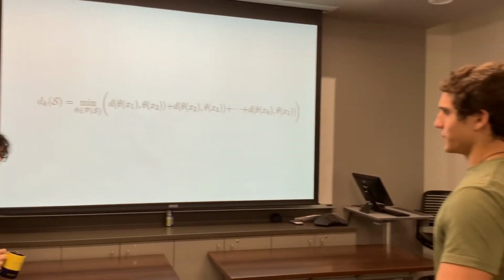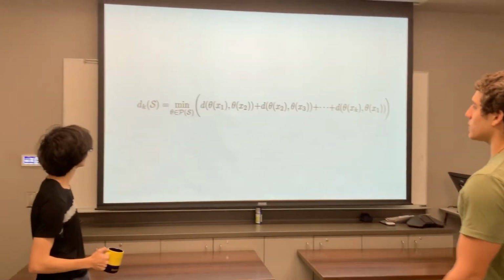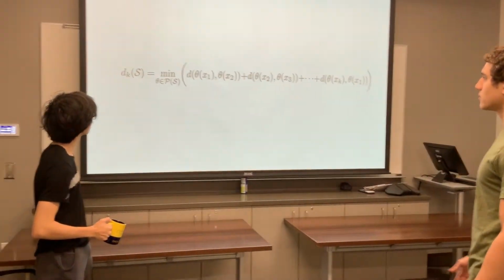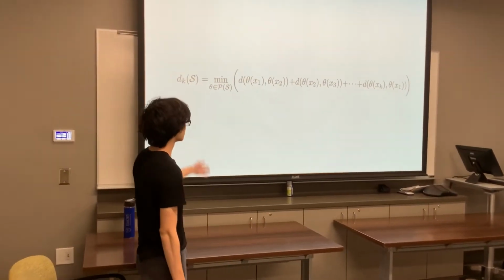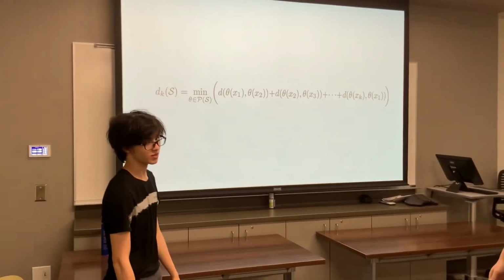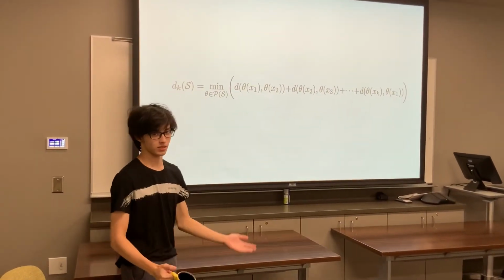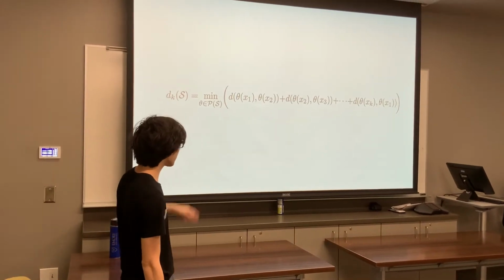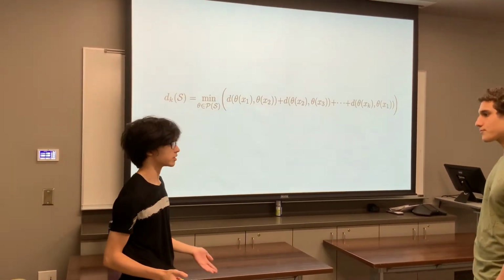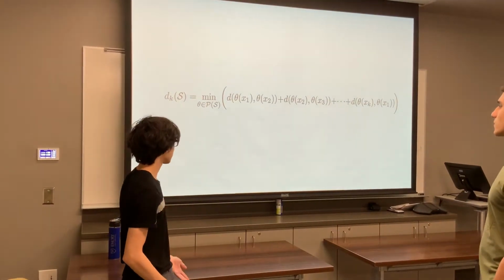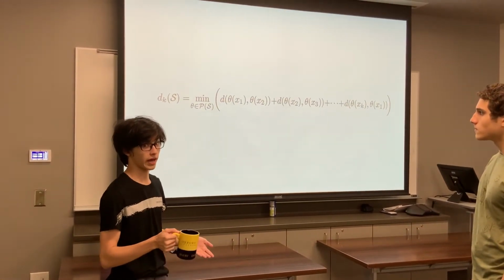Whoa. I'm getting confused. What's D, what's K, what's P, what's theta? What does that have to do with K-stop? The notation sure is confusing, but the concepts themselves are relatively simple. What P of S means here is every single permutation of paths that can be taken within the graph of S. Theta is a specific path that is taken.